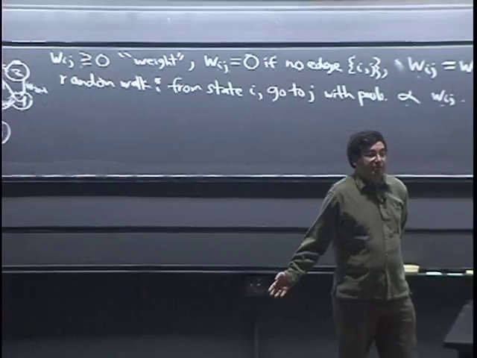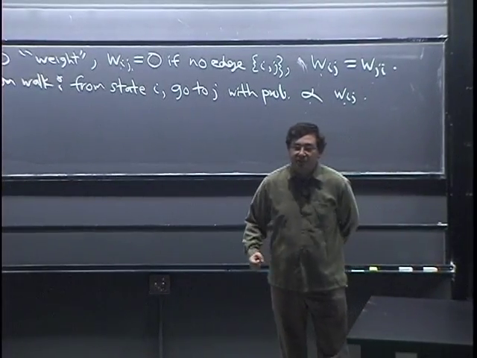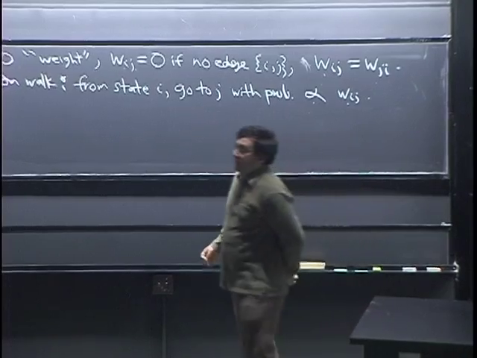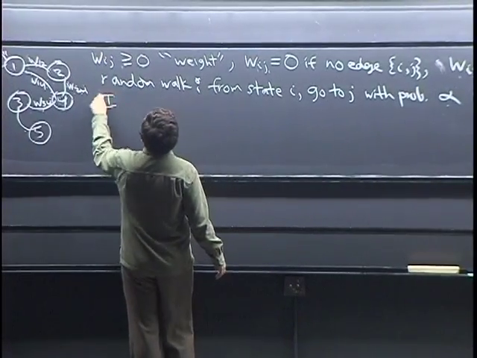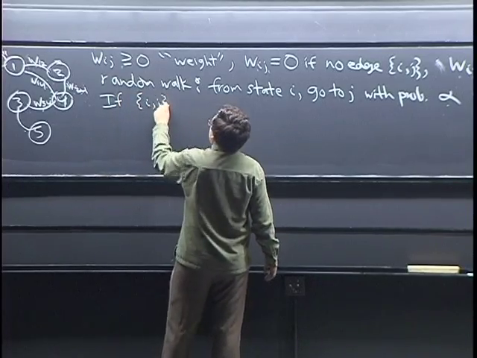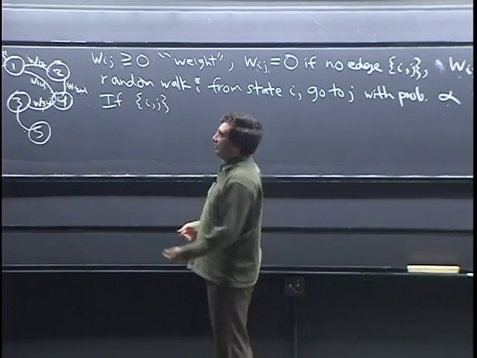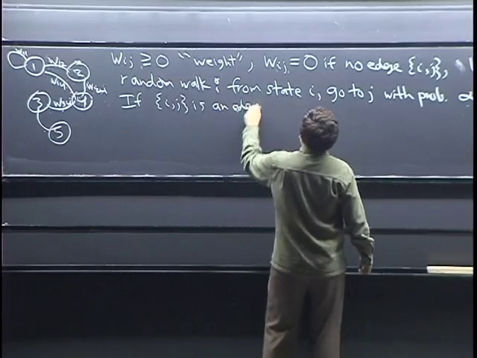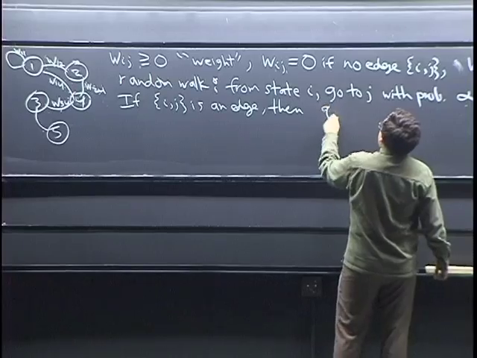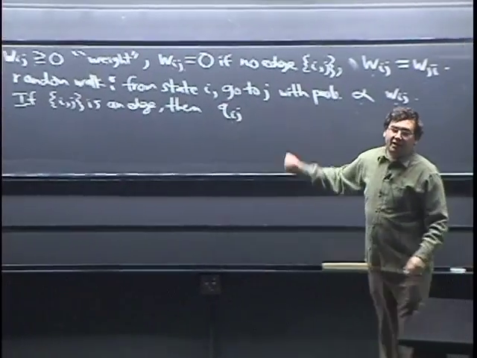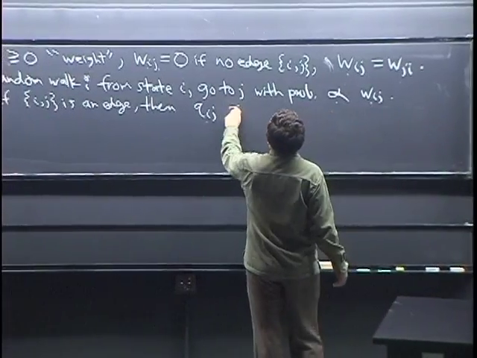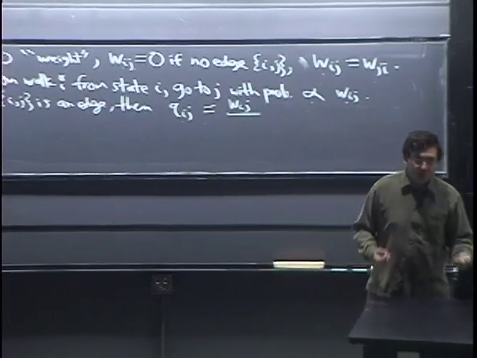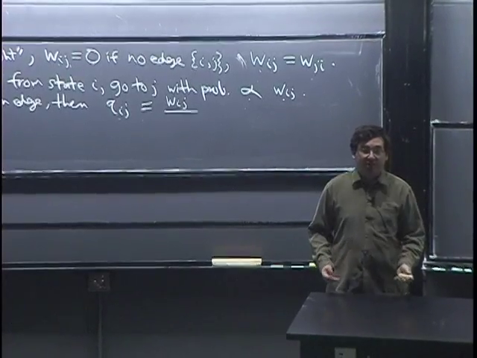This is still going to be reversible, and so we want to write down this reversibility equation, Si Qij equals Sj Qji. Okay, let's first write down what's Qij. So if ij is actually an edge, if it's not an edge, the probability is 0 of going from i to j. If it is an edge, then by definition, Qij, the transition probability from state i to state j, is just the weight divided by the sum of the possible weights, that is the sum of the weights of the possible steps, right?